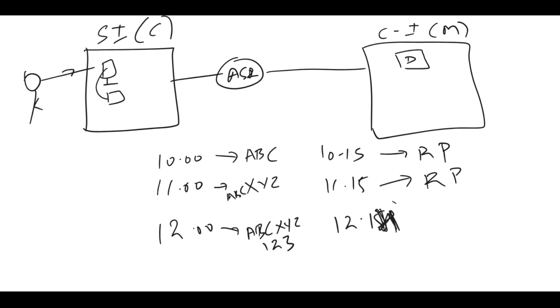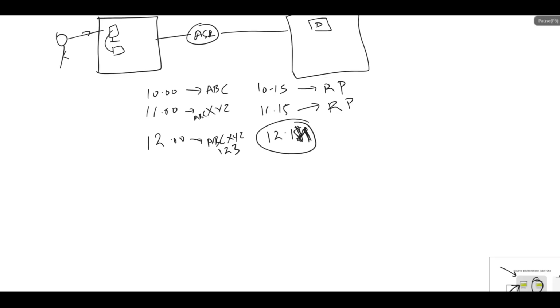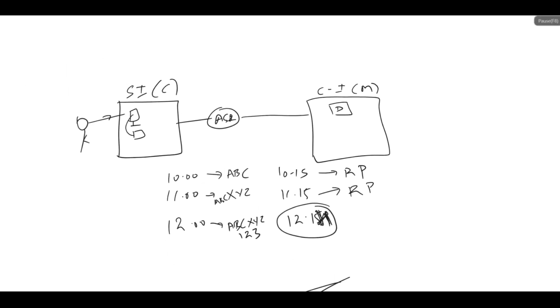Why am I mentioning 12:14? Because if the disaster were after 12:15, I would already have a replication point, but my disaster happened before the replication point. So now at 12:14, I don't have the complete region.